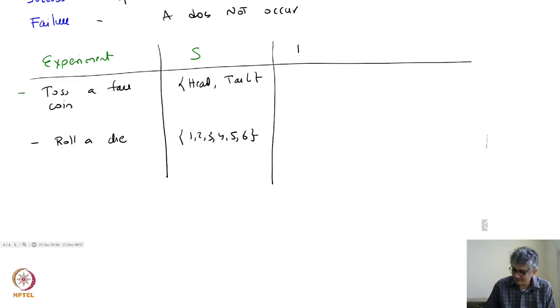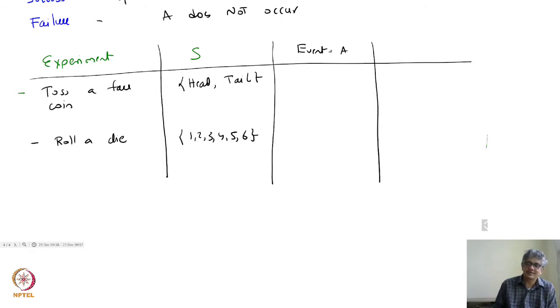What's an event? Let's say the event A I want is that a head occurs. And for the roll, let's say the event A is that an even number happens, which is 2, 4, and 6.